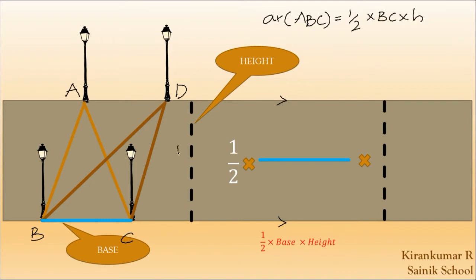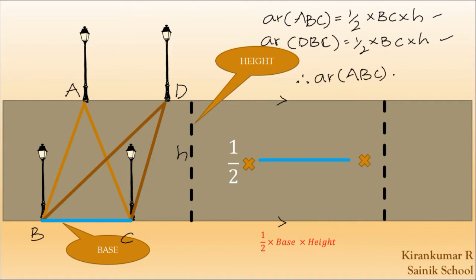If I consider this as H, the area of triangle DBC will be half into again BC into height. Looking at these two right hand sides, you can say that the left hand sides are equal. Area of triangle ABC will be equal to area of triangle DBC.